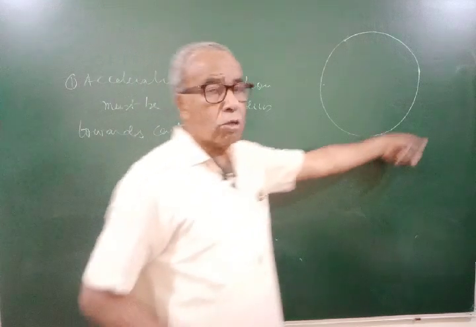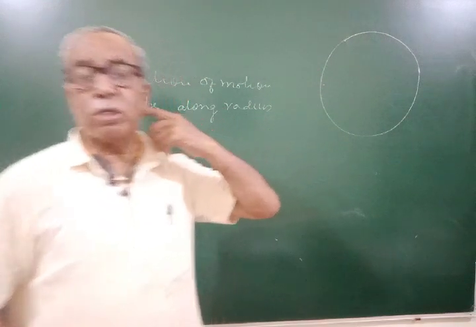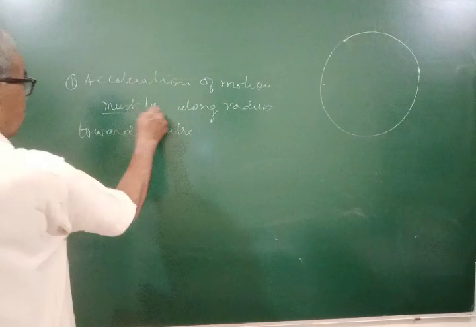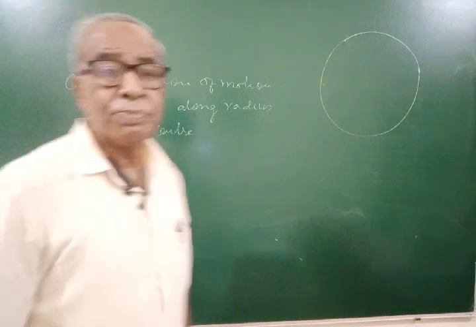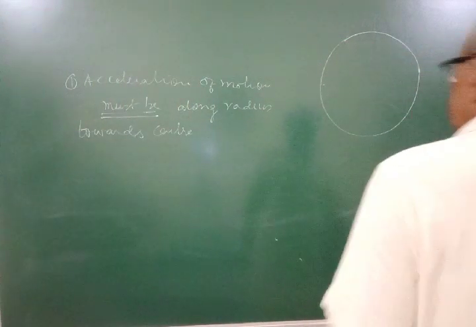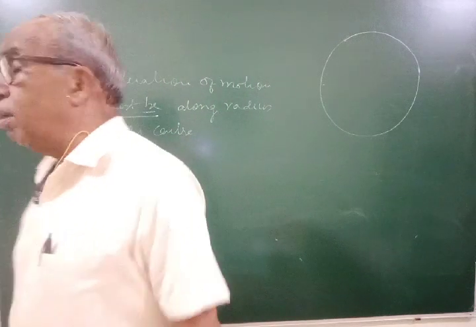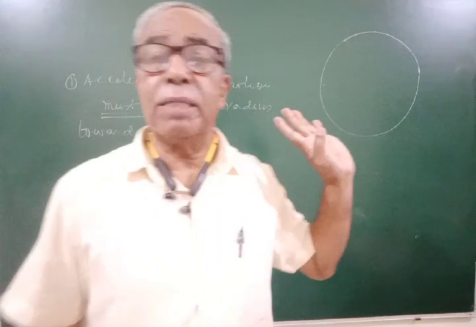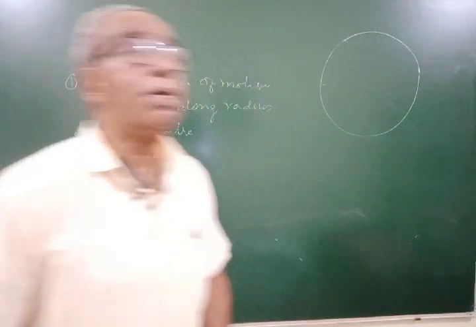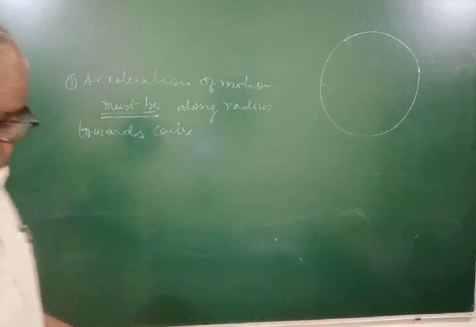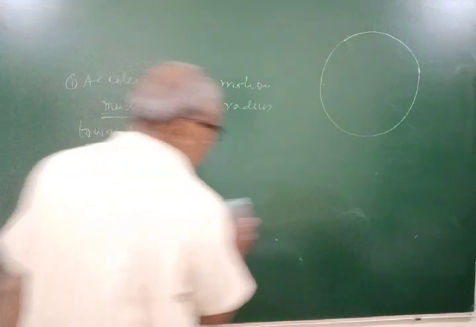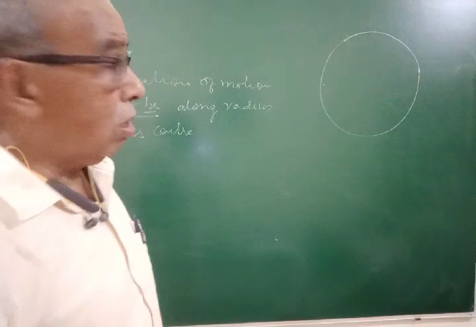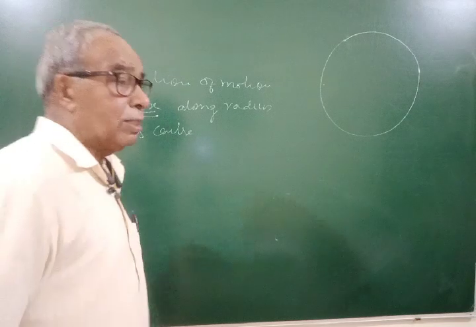If body moves on circular path, then acceleration of this motion must be towards center along radius. Must be means always, right? It is not true. It is true only when the body moves with constant speed. Here it is not mentioned that the body moves with constant speed. They have simply said if body moves on circular path, then acceleration must be towards center. That thing is true only for uniform motion, that is, with constant speed.